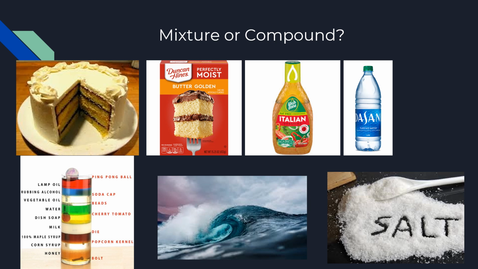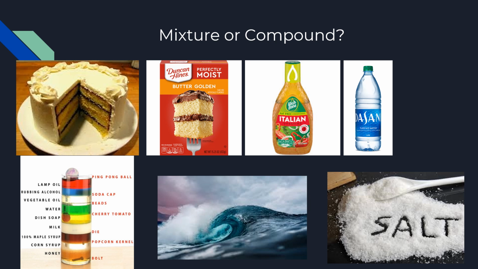If we have a cake, we can't add water to the cake to get the cake mix back. There's not anything we can do to get it back to its original form. It's something completely new that can't be changed. Of course, unless you eat it, and then it kind of changes. But that's not the point here.